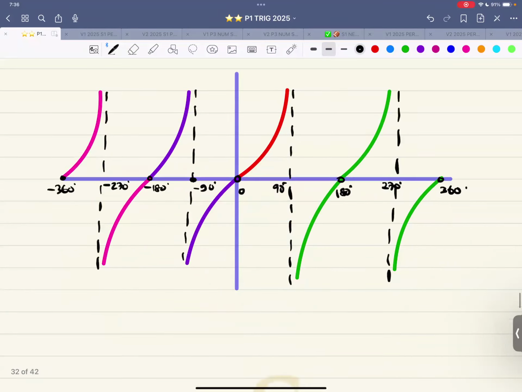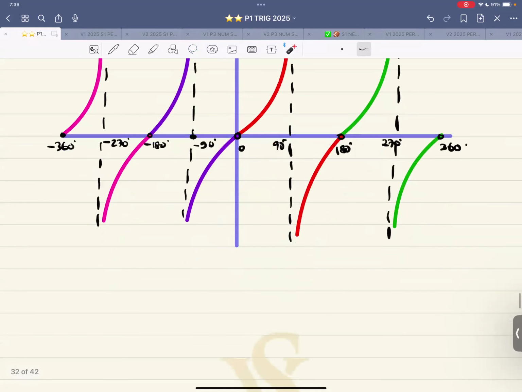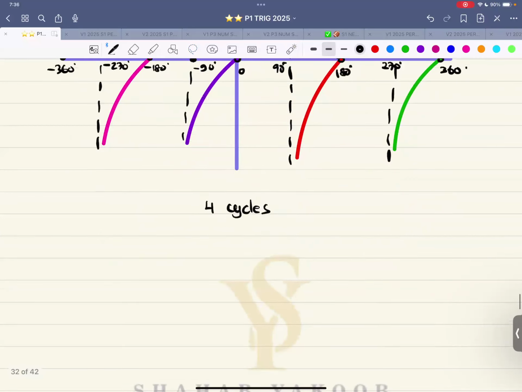How many cycles do you see? This is 1. This is 2. This is 3. I forgot to change the color. That is the third one. And then there is the fourth one. So I see 4 cycles. From 0 till 360 degrees, there are 2 cycles.